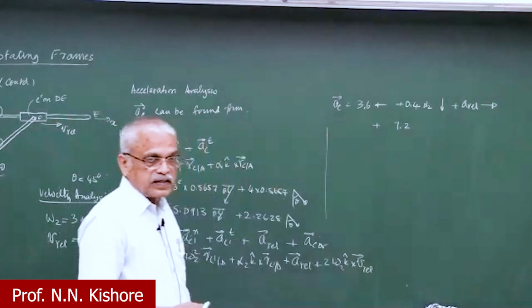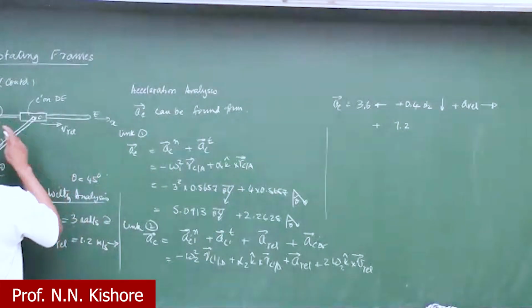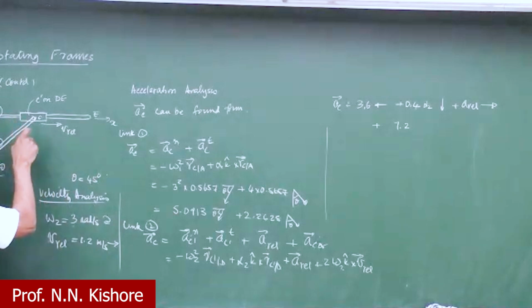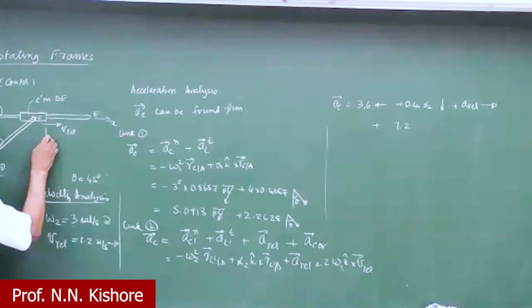There is another nice way of doing it. The direction of the Coriolis here is nothing but, you have VREL here, turn it through 90 degrees in the direction of omega 2.